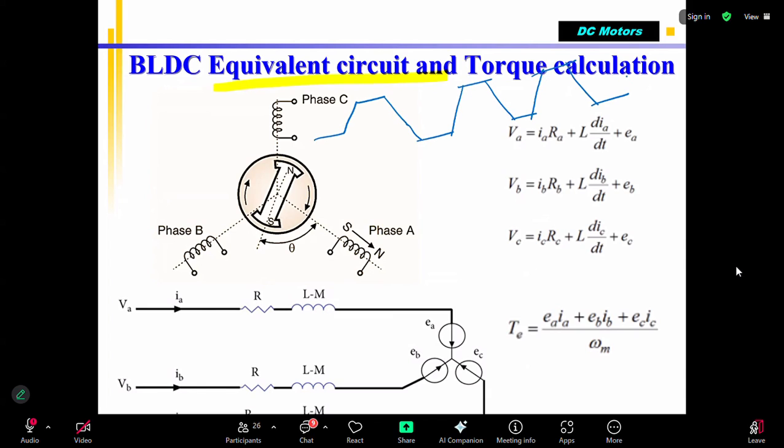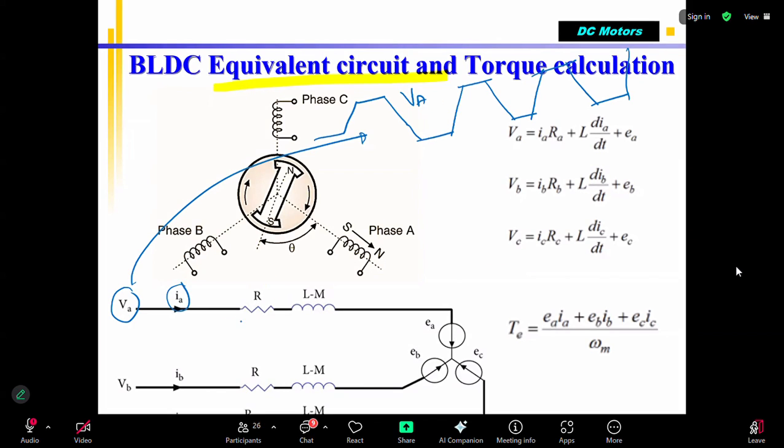Please note that I already told you the back EMF generated in a BLDC motor also will be trapezoidal in nature. So the supply should also be trapezoidal, then only maximum torque will be achieved. By supplying each phase like this with a 120-degree phase shift, there will be a current flow. This is the voltage I am supplying, which I call VA. If I supply that, then what happens? Current will flow, which will be like this.